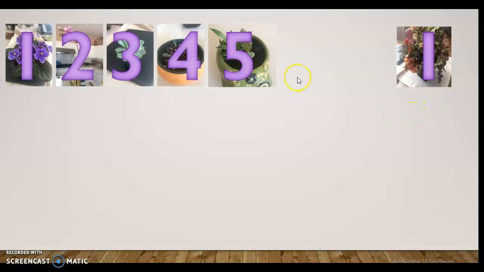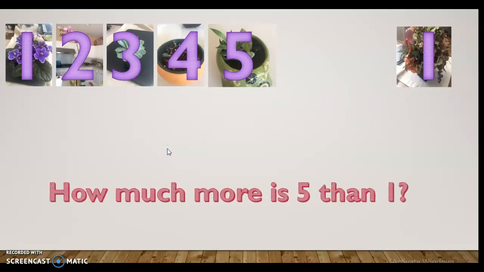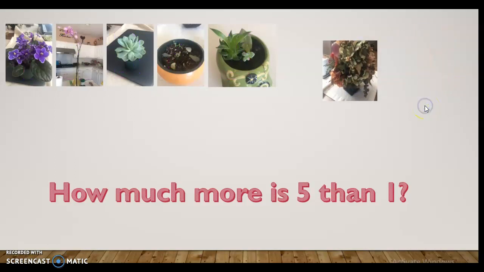Okay, so I'm going to compare the number 5 and 1. And I can see that there are more plants, real plants, than there are fake plants. So I'm going to ask myself, how much more is 5 than 1? And we're going to do the same thing. We're going to take this fake plant because there's less, and we're going to line it up under one of the real plants.